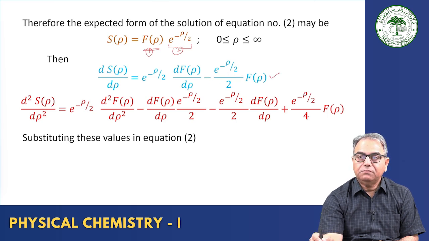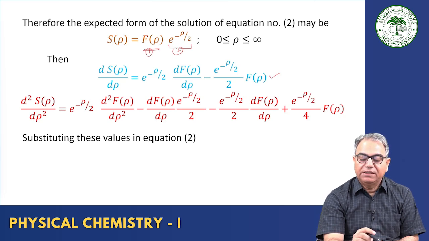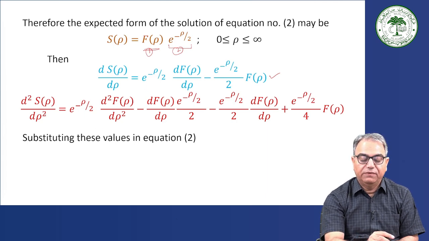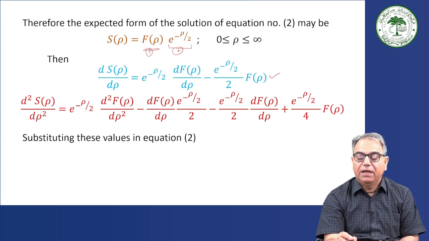Then do the second differentiation, and in the second differentiation you have again 2 terms here and 2 terms here. The second differentiation will give you exponential minus rho divided by 2 kept constant, and the second differential of f rho, d square f rho divided by d rho square, minus, again, the differentiation of the exponential term keeping df rho divided by d rho constant will give you this term.